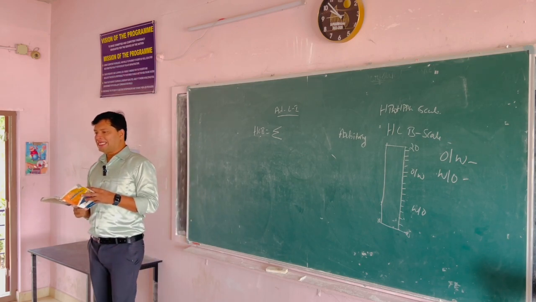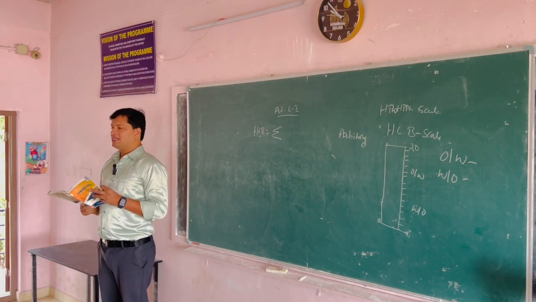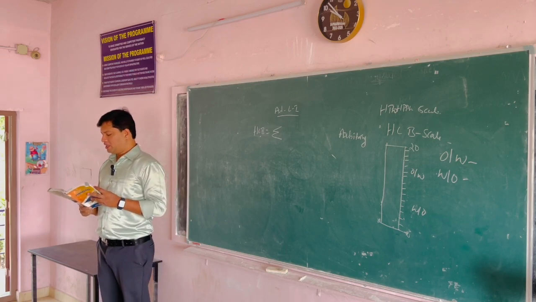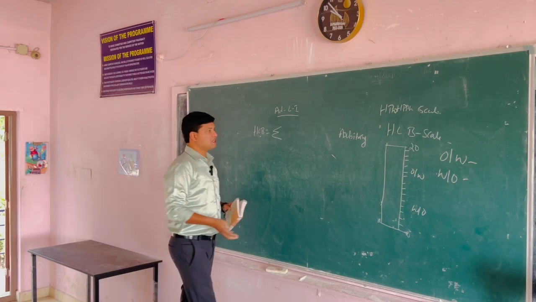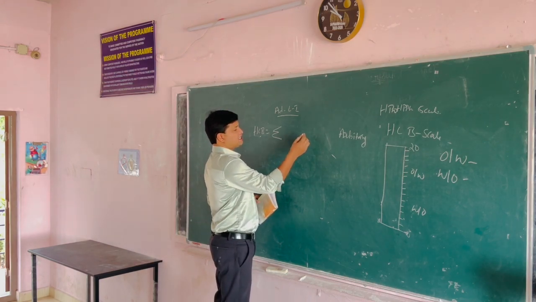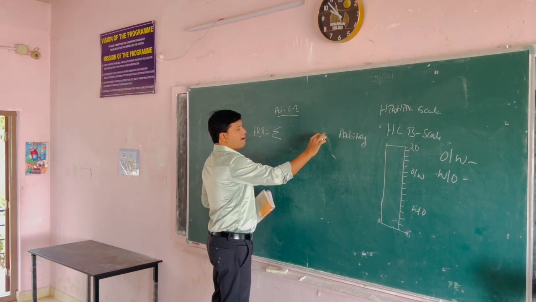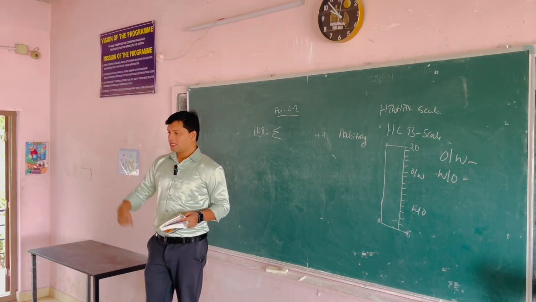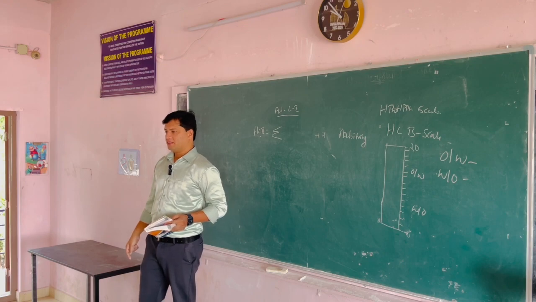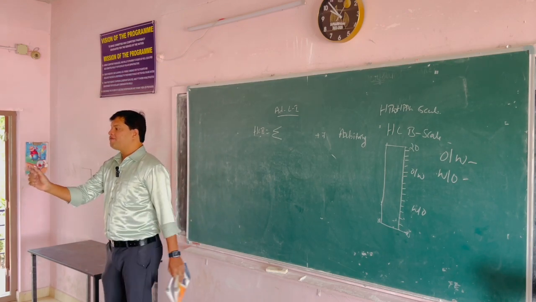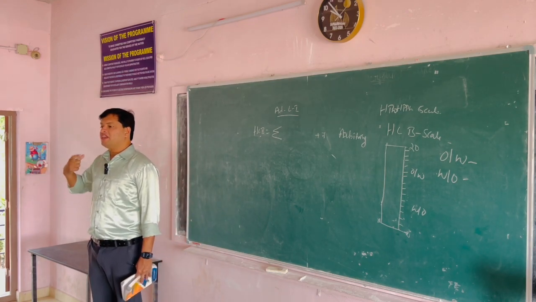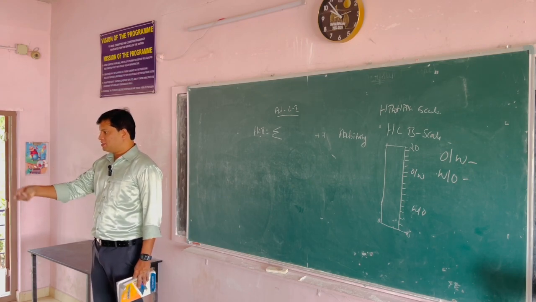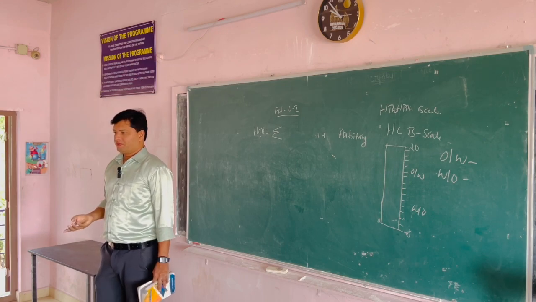hydrophilic groups minus summation of lipophilic groups plus 7. At last it is plus 7. See, in the formula you can see the hydrophilic group is first. If the HLB value is more, the hydrophilic group should be more.